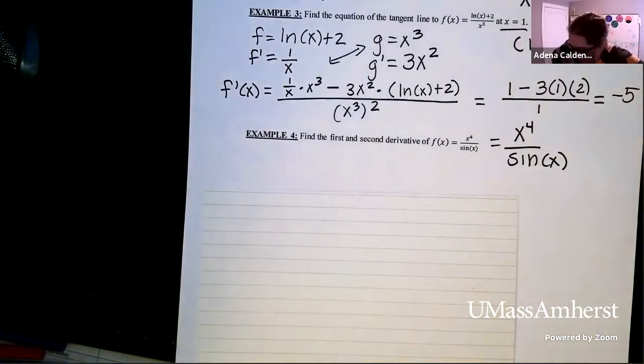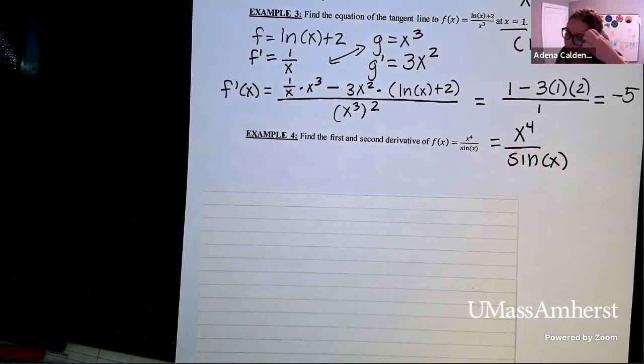So when we do this out, our first derivative, we're just going to be using the quotient rule. We see one function over another one. However, in order to get to the second derivative, we are still going to have to use a quotient rule, but then we are also going to need to use things like the product rule and the chain rule. So the second derivative is a bit complicated on this, but I want you to try it.